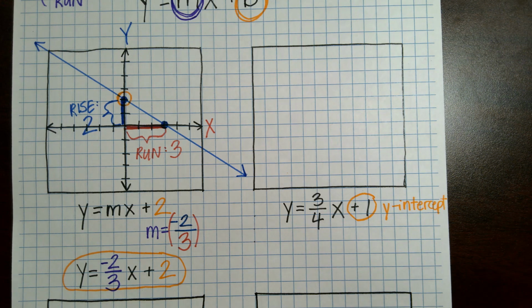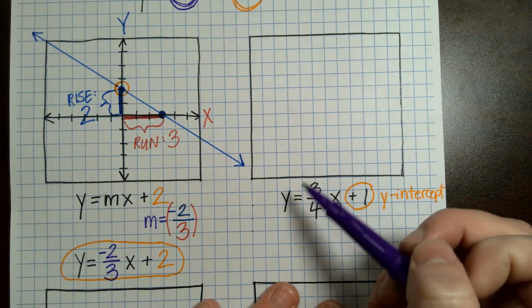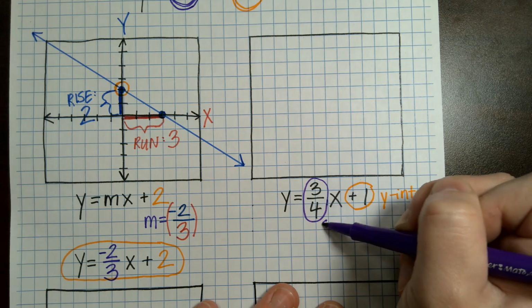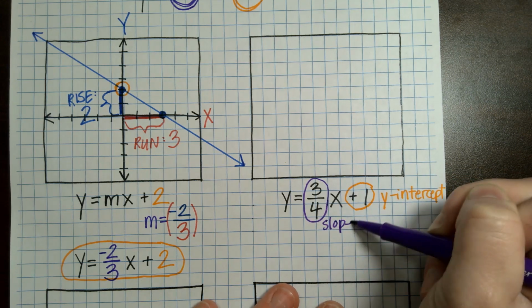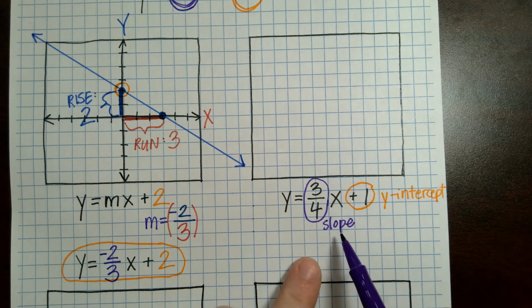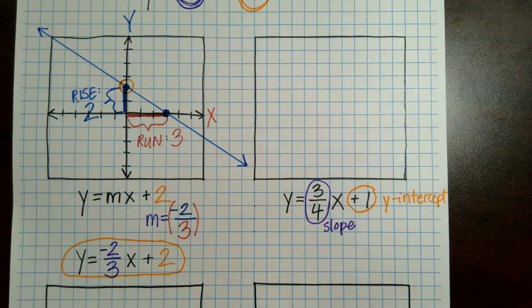And what would our slope be? 3/4, that's our slope. Very good. So we have our y-intercept and we have our slope. So let's draw a graph, our x and y axis, and I'm going to show you how we would graph this.